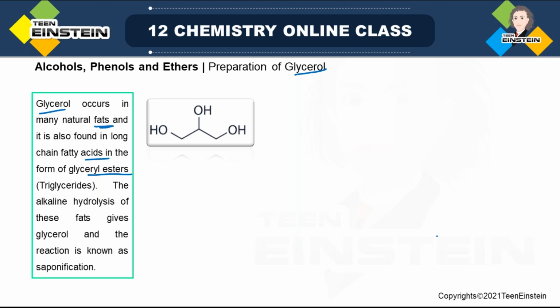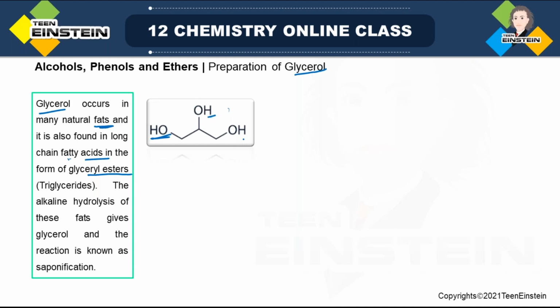So they are not directly present in fatty acid. Fatty acid is a long chain molecule where ester linkage is there. And as we know, how do we prepare ester? Starting from acid and alcohol, right? So as we are saying, it is fatty acid. So if you have taken one fatty acid and this type of glycerol, they will be acting as alcohol.